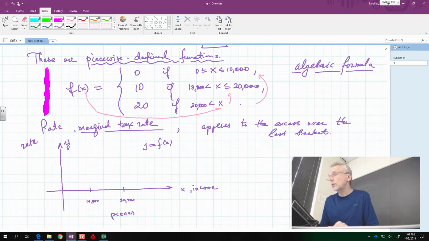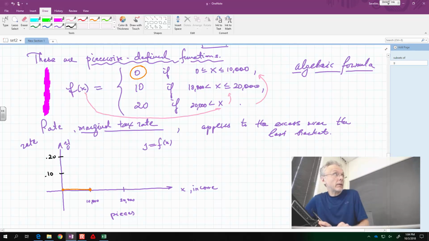Okay. So if I take the 0 here, this is the piece of the graph that I'm talking about. It includes both of the endpoints. So income 0, the tax is 0, and all the way to 10,000. Even if you have exactly 10,000, the tax rate is still 0. On the y-axis, I'll put 10 percent, or 0.1, and 0.2, the rates.